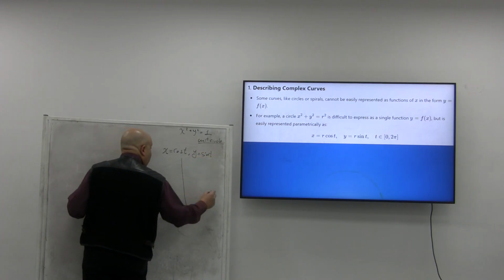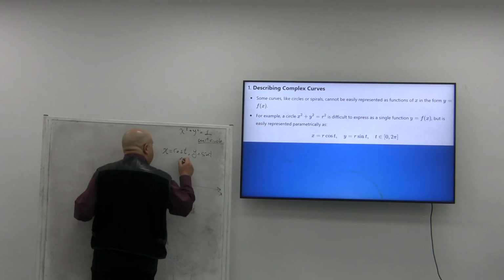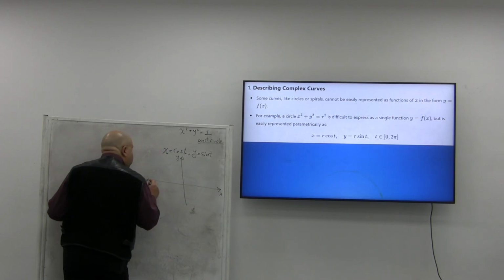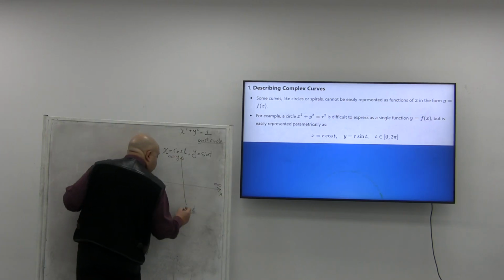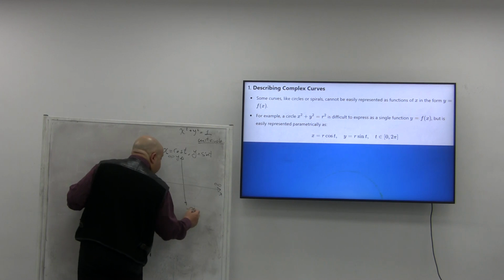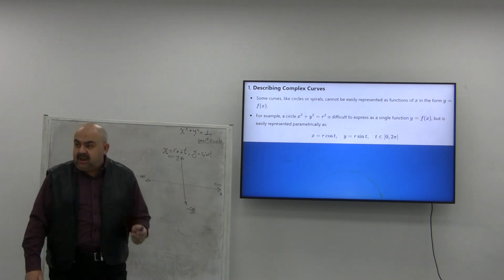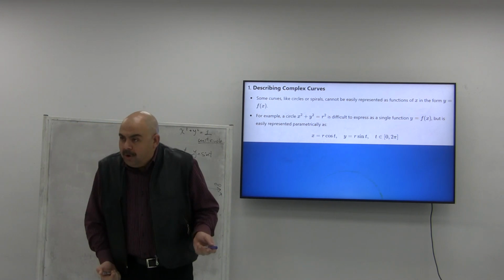Let's see how it works exactly. This is the x-axis, y-axis. This idea is very, very important. It will help you down the road to understand how the parametric representation of these functions works.